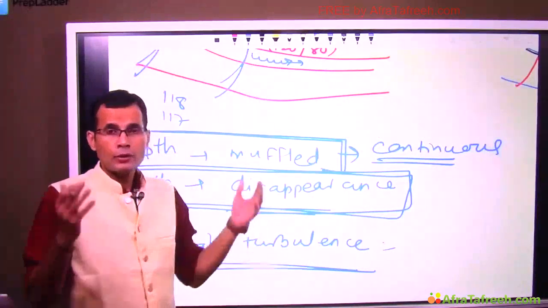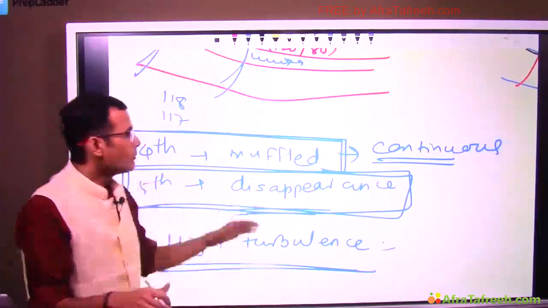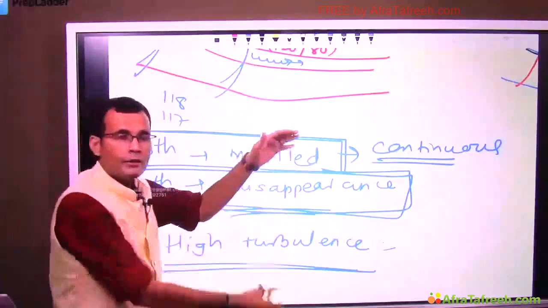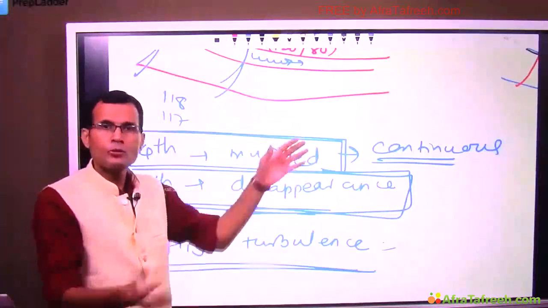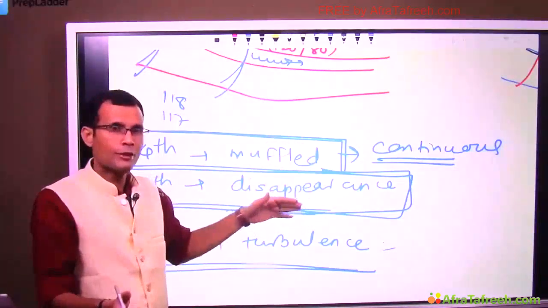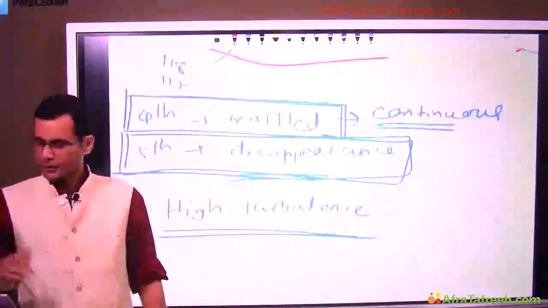The difference can be as high as 40 mm of Hg. Means muffled sound and then 40 mm of Hg, and then the disappearance of sound. So a big difference between phase 4 and phase 5. In that case, there will be a discrepancy.